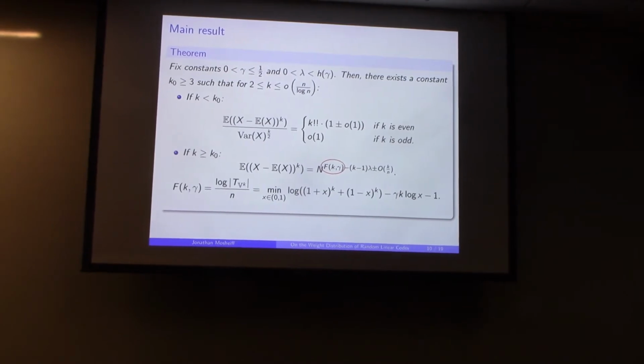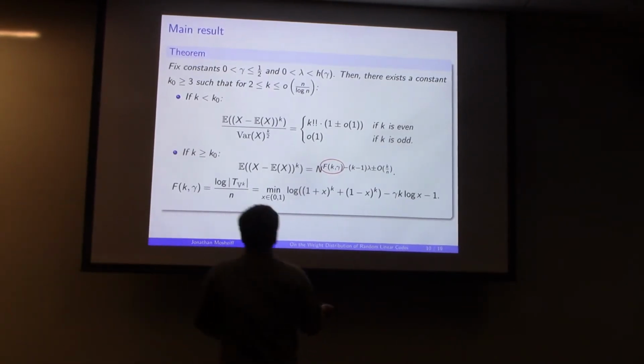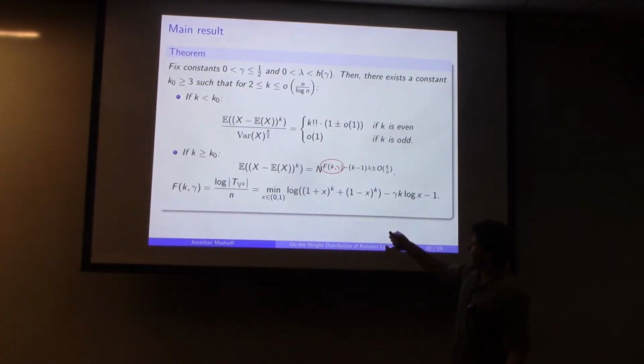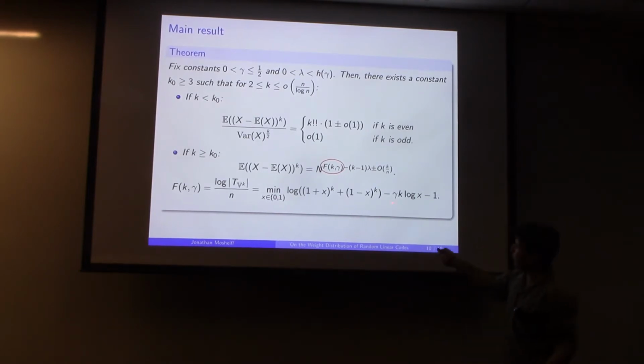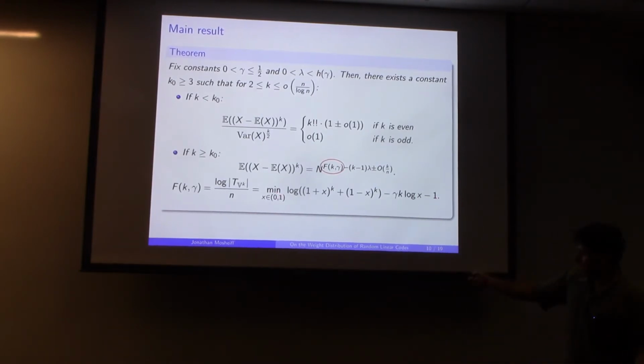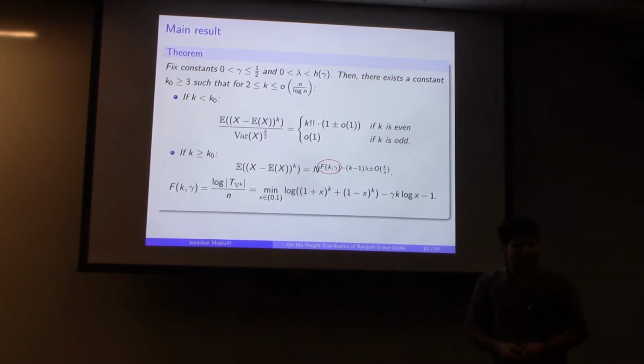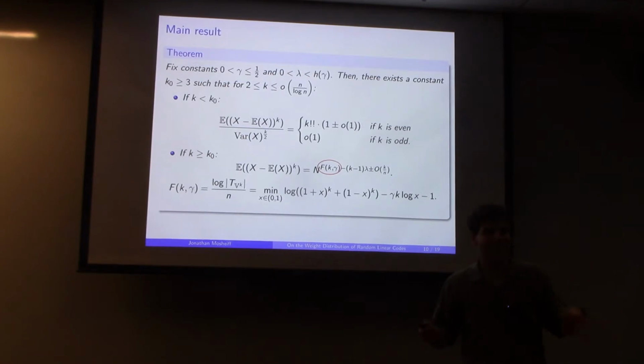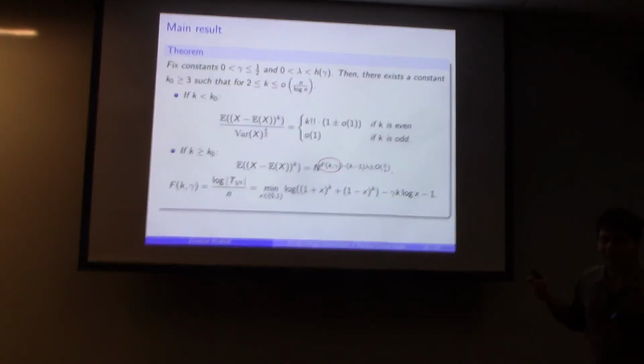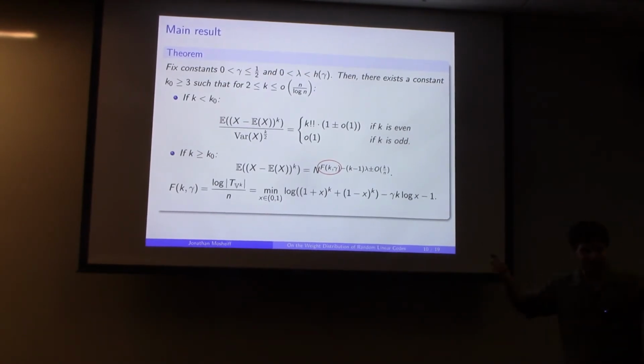So what's going on here? This is just some function which we have an explicit description for. You're not going to fully understand what this function means, and I'll just try to give you a basic idea of where it comes from.